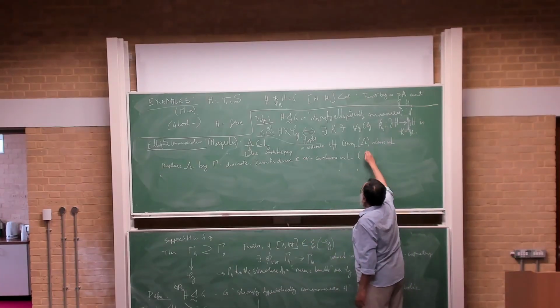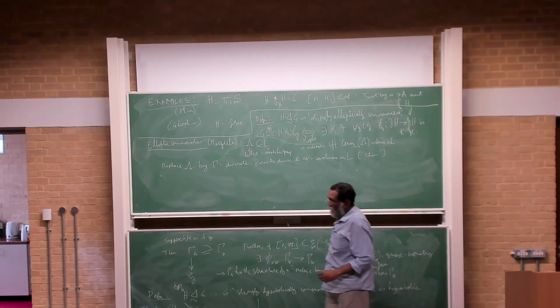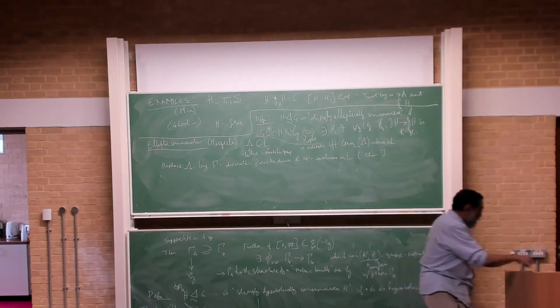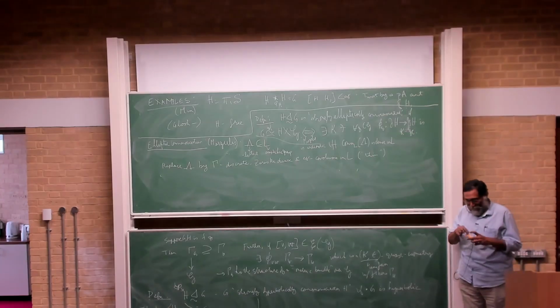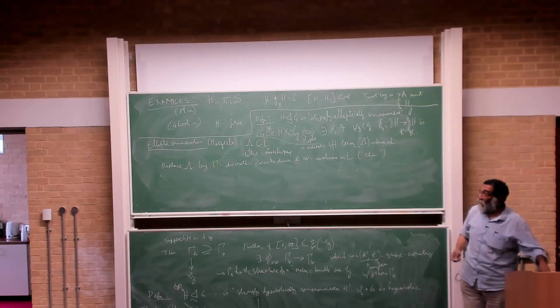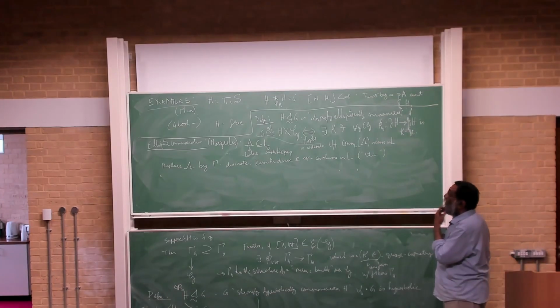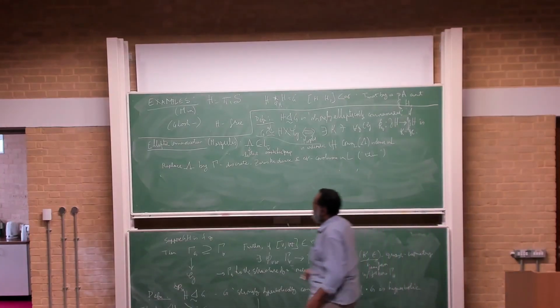These are called thin groups, a name that was given by Sarnak. Okay, and so here's the question.